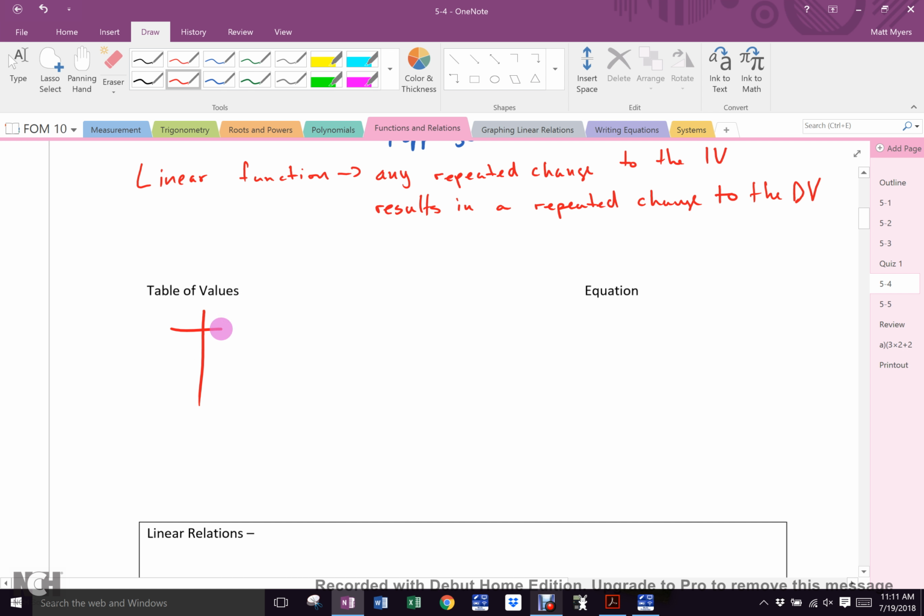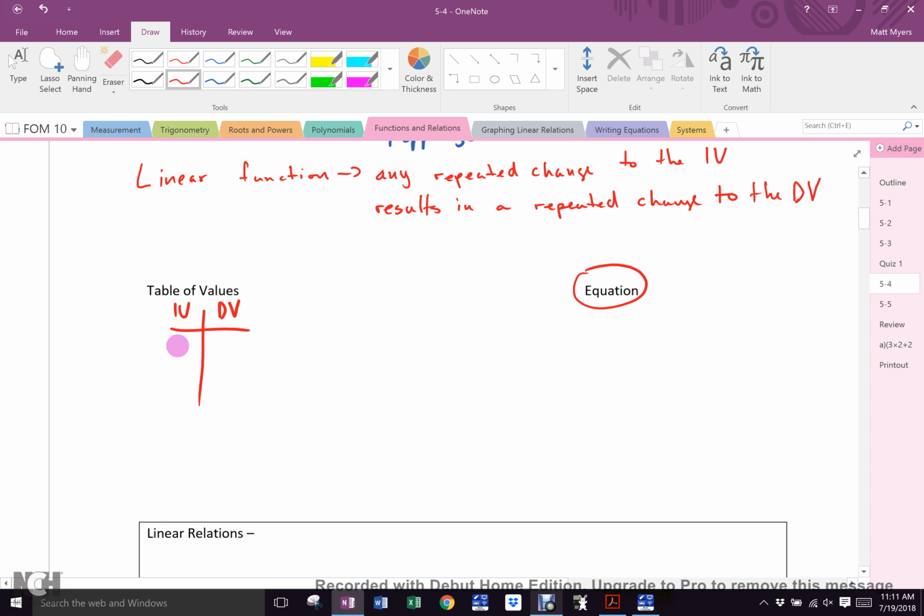It's this, where you have the IV and the DV. Now, in grade 9, that was always X and Y, right? But in the world, you give those names. Always. And you can write it as an equation. The equation is the part that interests me right now.